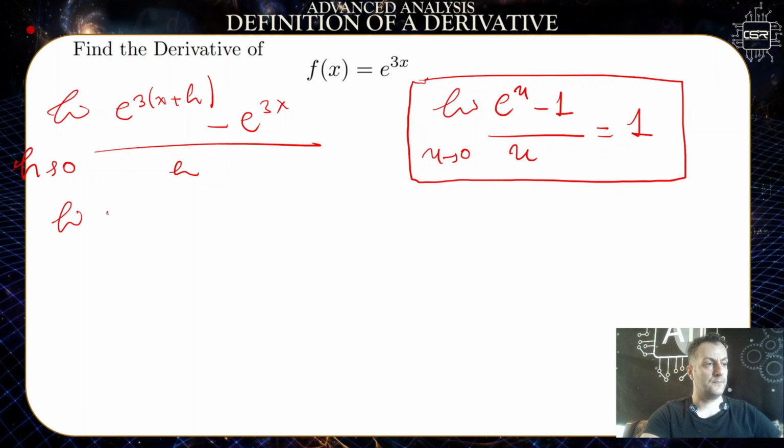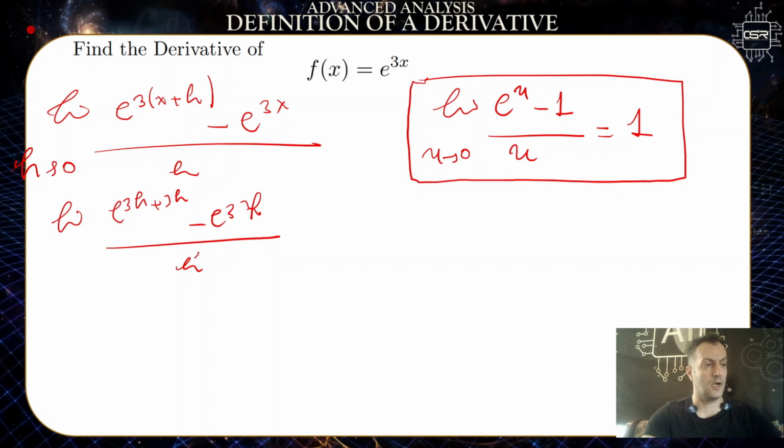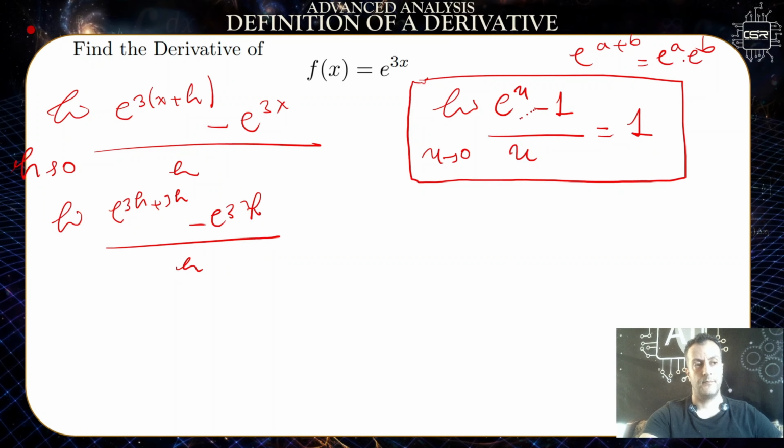So it is the limit of e^(3x plus 3h) minus e^(3x) divided by h. Now, e^(a plus b) is equal to e^a times e^b. Okay? So when we add the exponents, we can multiply the different terms. So e to the power of a plus b is equal to e to the power of a times e to the power of b.